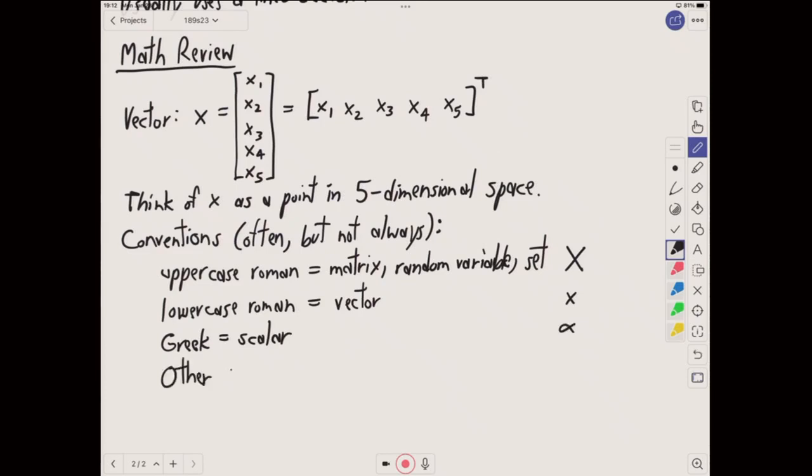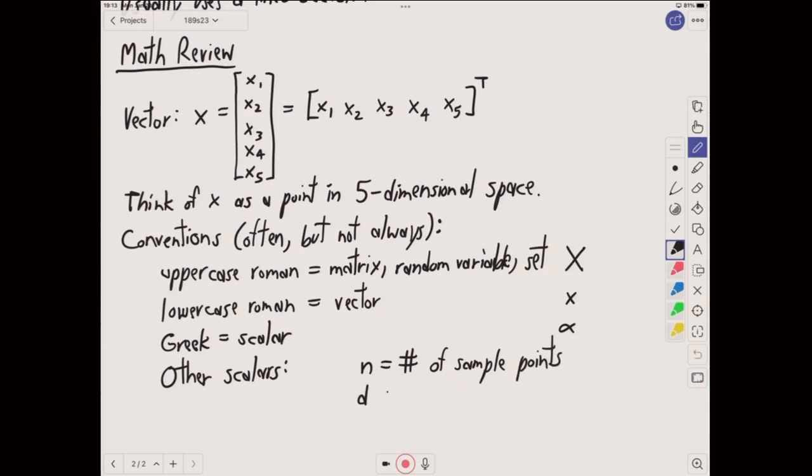But there are some other scalars that will come up a huge amount. And so one thing I'm going to stick to throughout the whole semester is that n will only ever mean one thing. It's the number of sample points. I don't plan to ever use n to mean anything else.